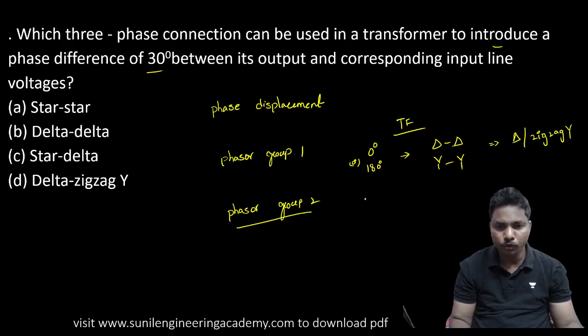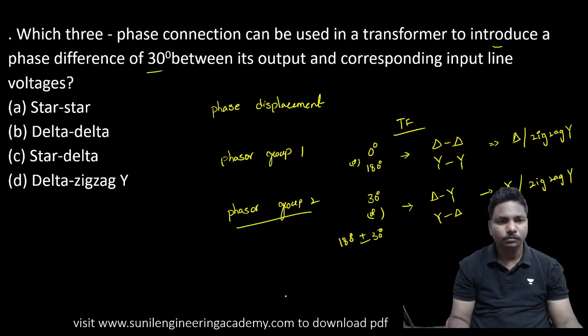Phasor group 2 has plus or minus 30 degrees, or plus or minus 180 plus or minus 30 degrees, that is 210 or 150. In this group, one is a delta and another one is a star, or one is a star and another one is a delta, and here same, star zigzag star.